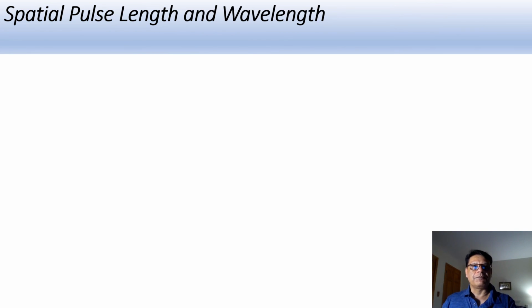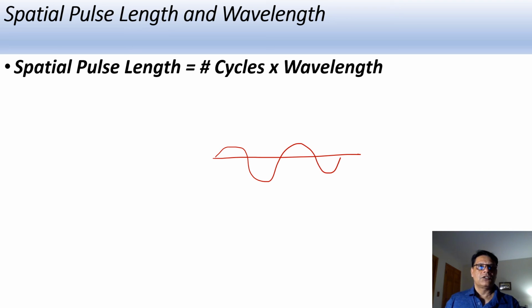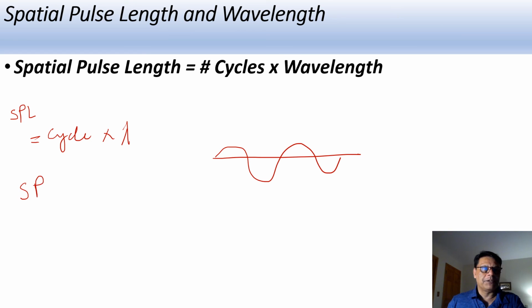So what is the difference between spatial pulse length and wavelength? Wavelength means the wavelength of a single cycle. So the formula is number of cycles multiplied by wavelength, represented by lambda, and it is called spatial pulse length.